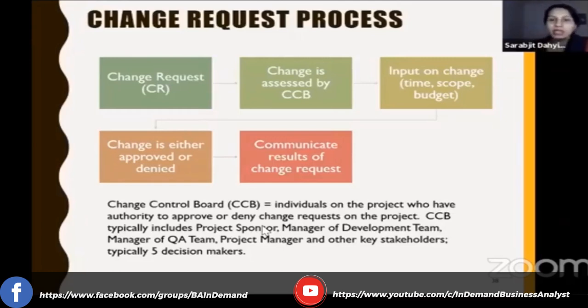So they could be the project sponsor, the manager of our programming team, the manager of our QA team, the project manager, and other key stakeholders, right? Typically, you want an odd number of people on the change control board to vote, right? Because if you have an even number like 2 versus 2, you really can't move forward from there. So typically, they like to have an odd number of people.